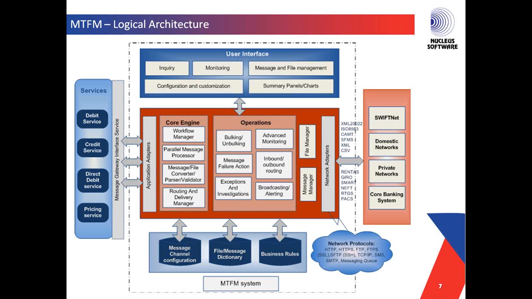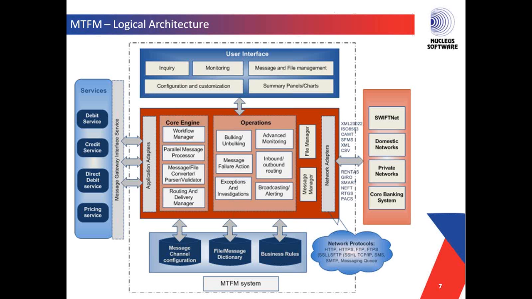So in this failure queue, then someone can either manually look at these messages and take actions on them, or the MTFN can be configured in such a way that it tries to send those messages again after some time. So this is what can be done.